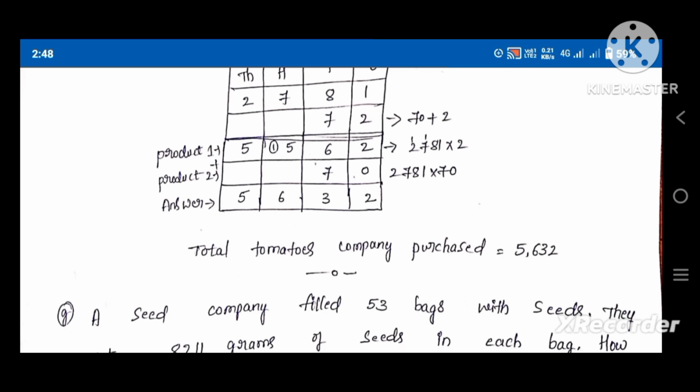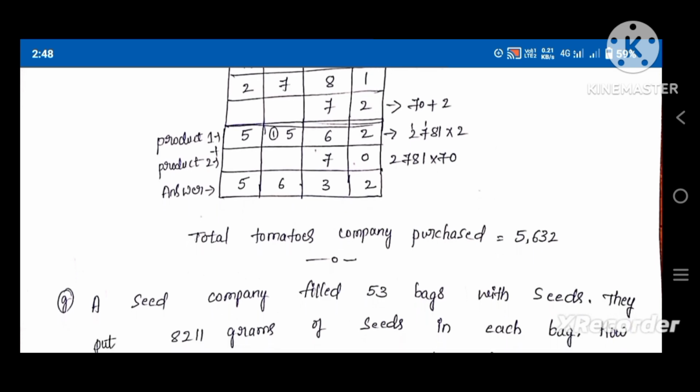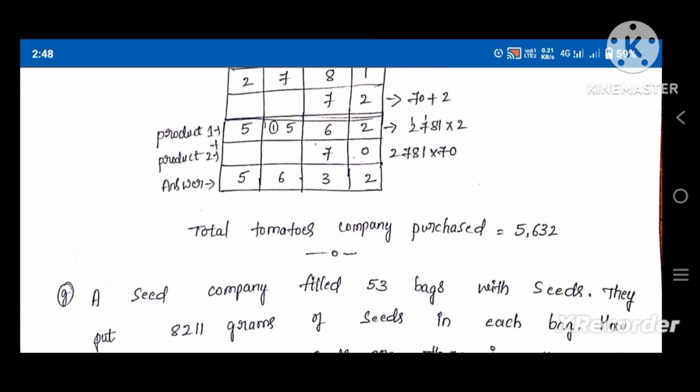Answer is 5632. Total tomatoes the company purchased is equal to 5632.